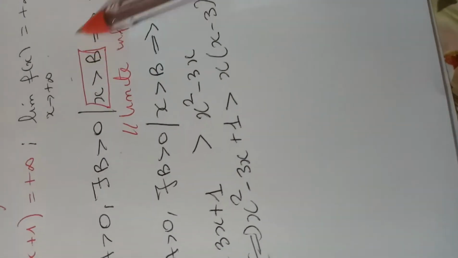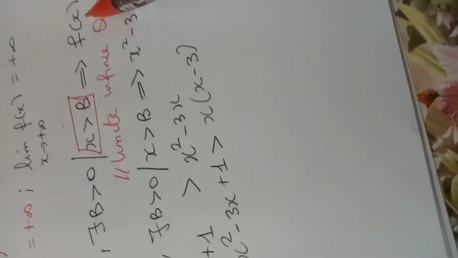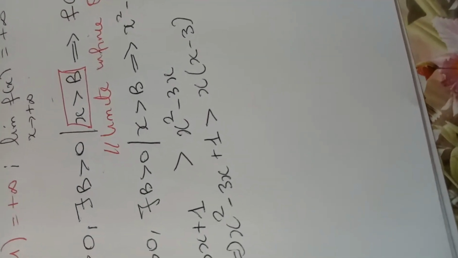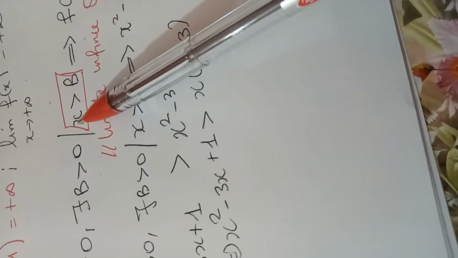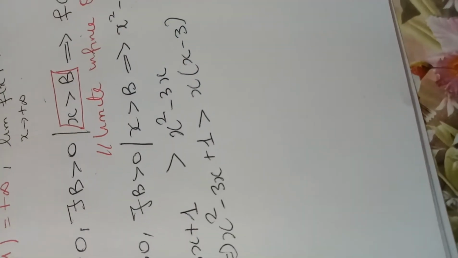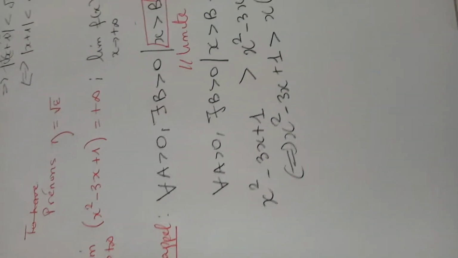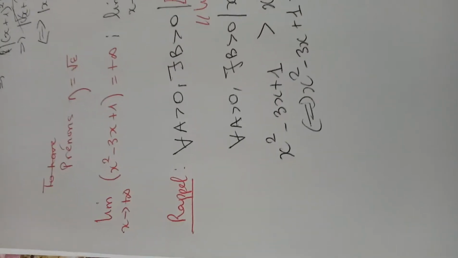We develop this part of the formula to get our f of x greater than a. If we can get x greater than b, develop it just so we can find what they're asking us to find. Let's go ahead. We'll be able to get it hopefully.